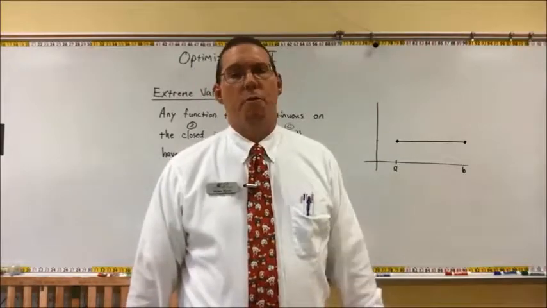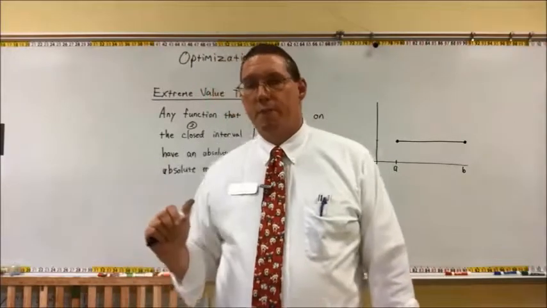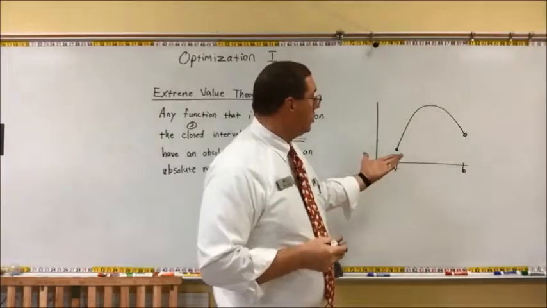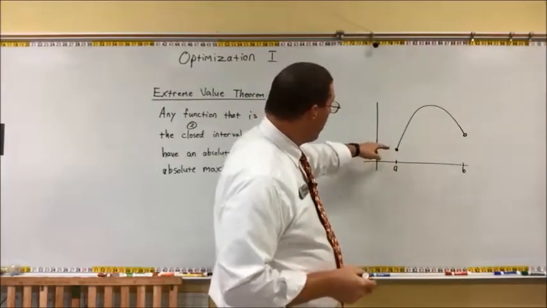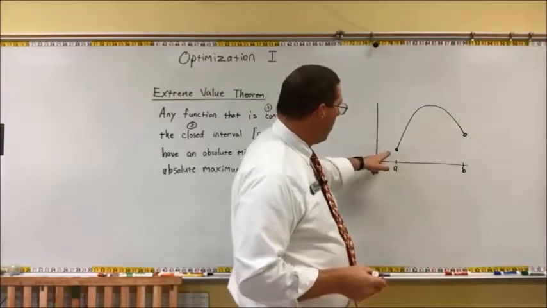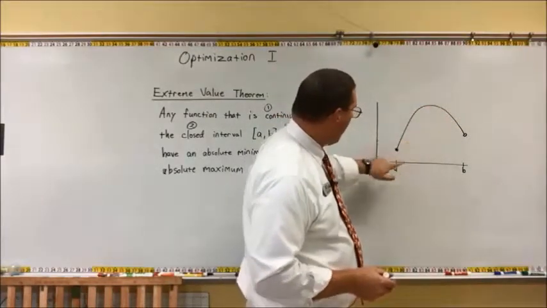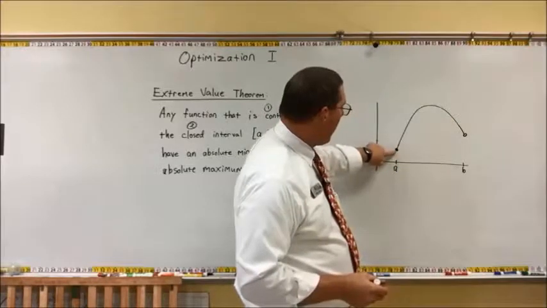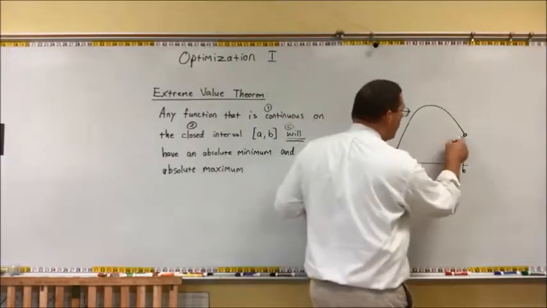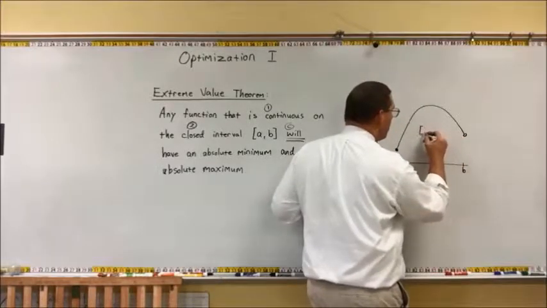Now I'd like to look at a few situations where the extreme value theorem fails. Okay, in this situation, you can see that the function appears to be continuous on the entire interval. However, the point at x equals a is included, but the point at b is not included. This is not a closed interval.